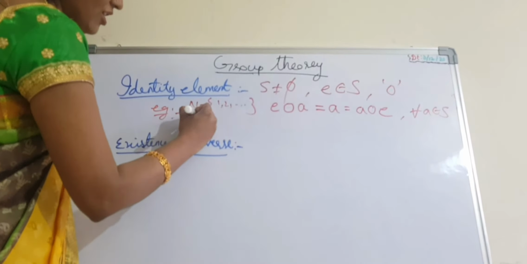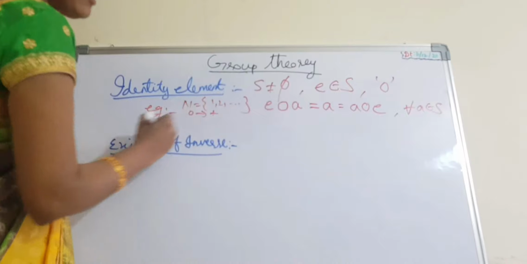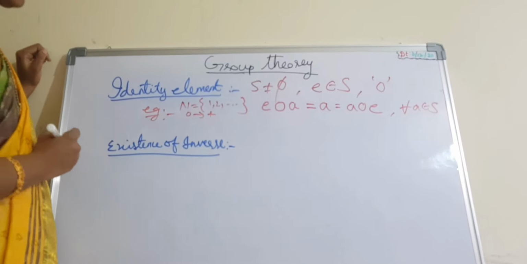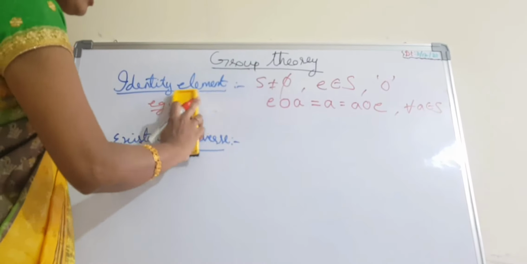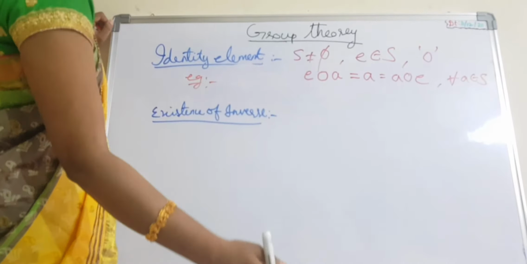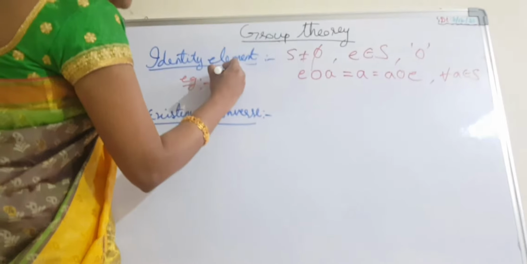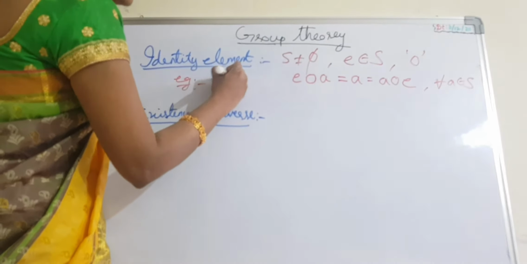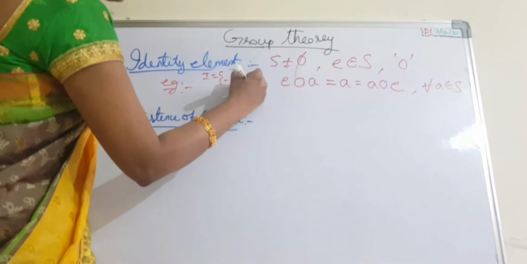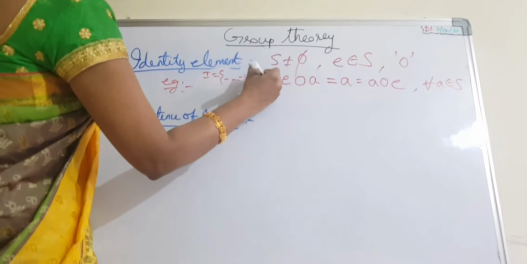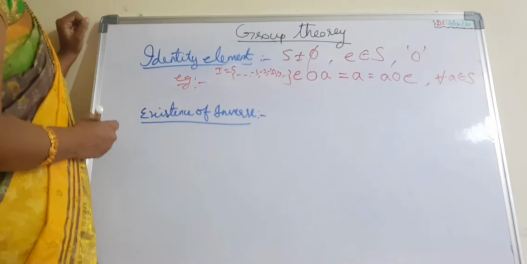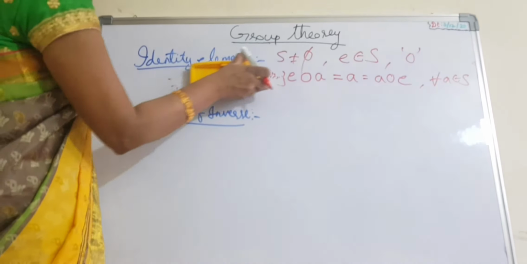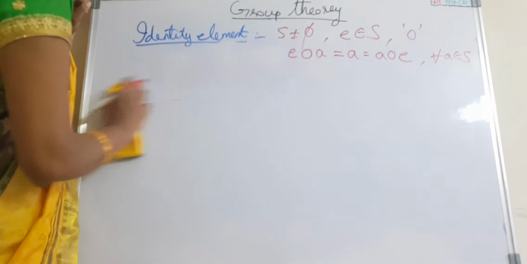With respect to the operation, I am taking plus. Or another we can take real numbers also. Every time taking natural numbers, no. Now I can take integers. Integers I am taking as the set -3, -2, -1, 0, 1, 2, 3, and so on. This is an integer set. Let's see here.